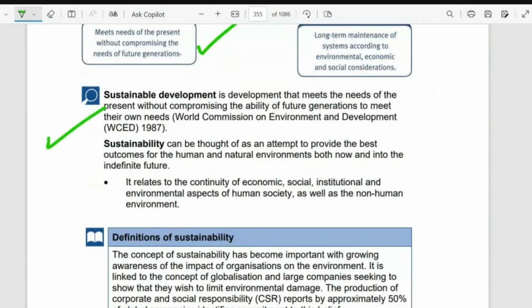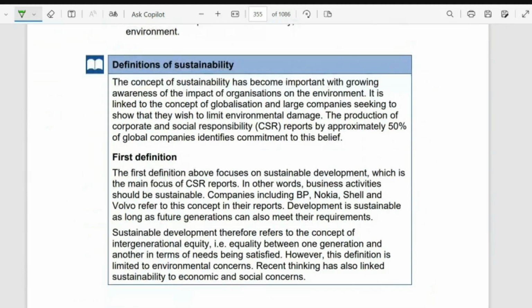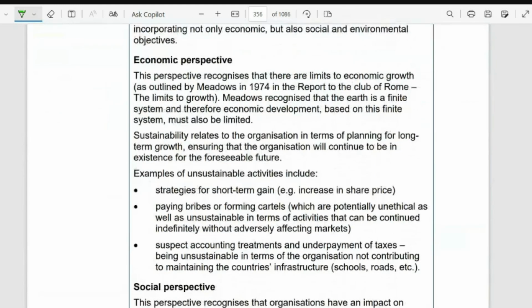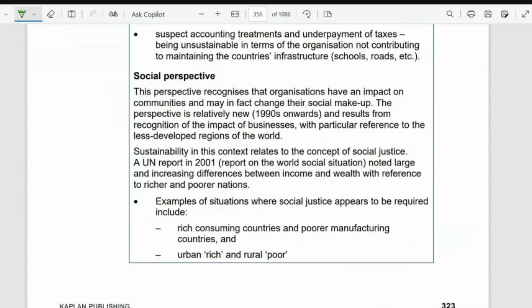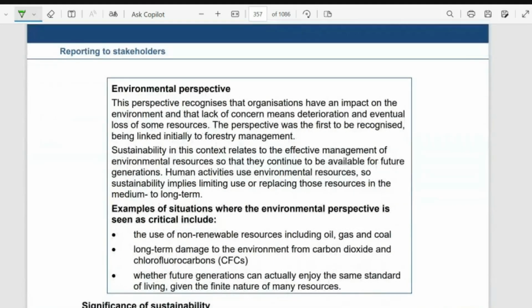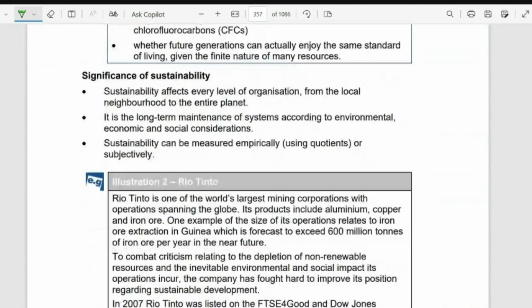Sustainable development can also be tested, and they may ask for a definition or any point, so it's best to read these areas. Significance of sustainability.